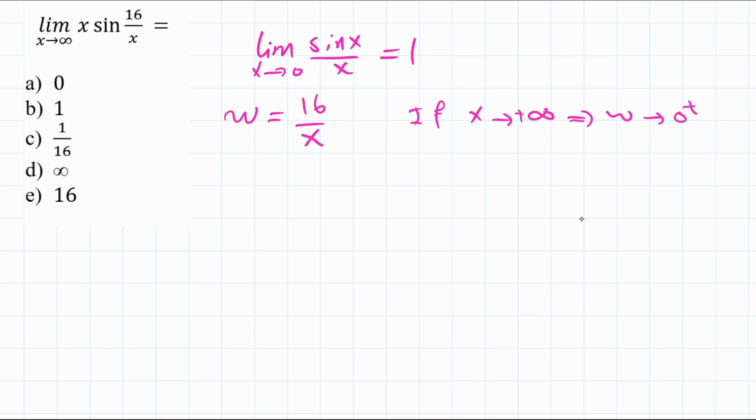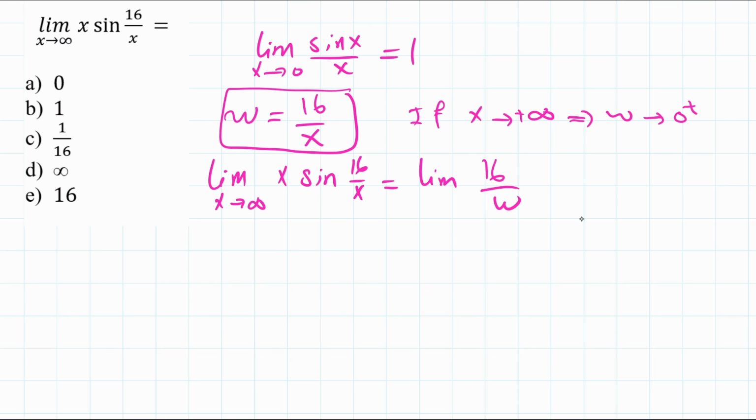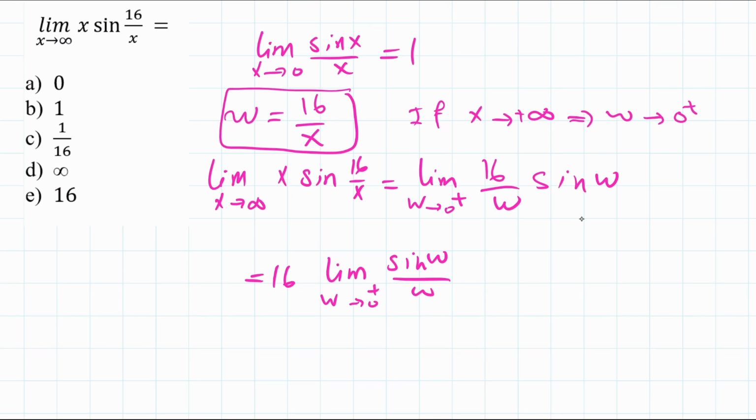So now the limit as x goes to infinity of x multiplied by sine 16 over x will be equal to the limit, now x is 16 over w actually, and you can solve for x here, and we have a sine w, and this is going to be true if w goes to 0 from the right side. So this is equal to 16 multiplied by the limit of sine w over w as w goes to 0 from the right hand side, but this is 1, and therefore the answer is 16 multiplied by 1, which is 16.